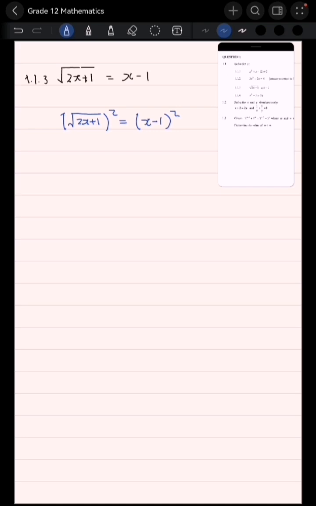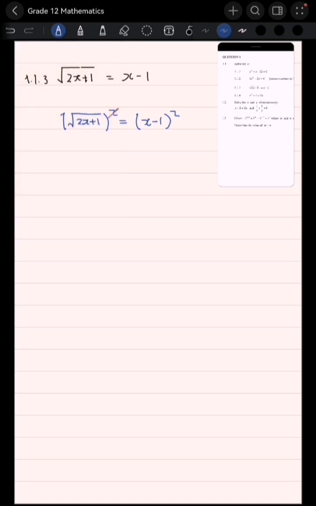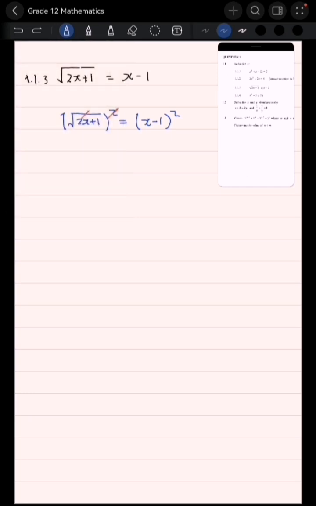Raising a square root of a number to the power 2 gets rid of the square root, meaning that it cancels the square root. When the square root is cancelled, then we are only left with 2x plus 1, and this will be equal to, on your right hand side, x minus 1 to the power 2.